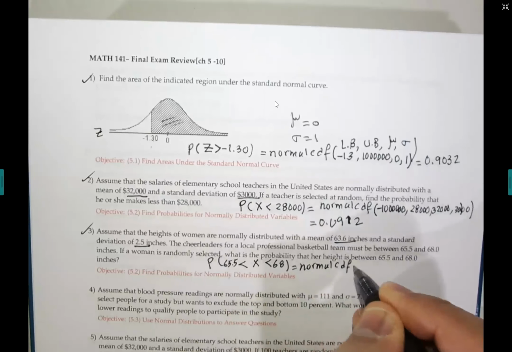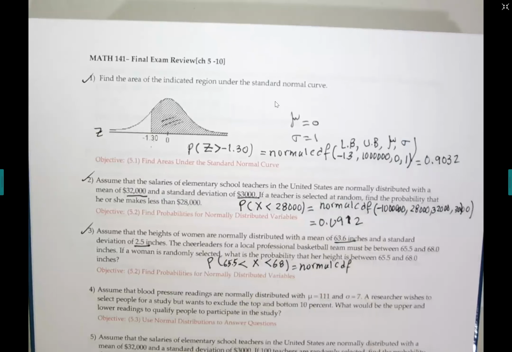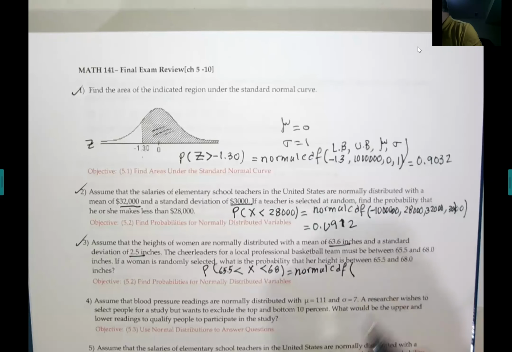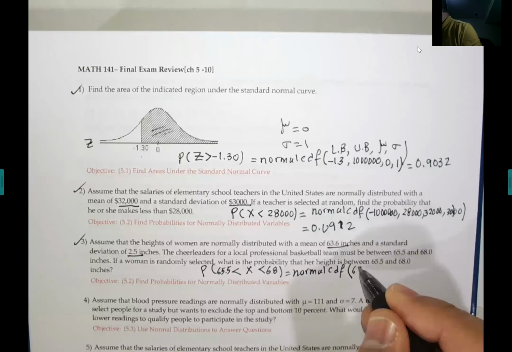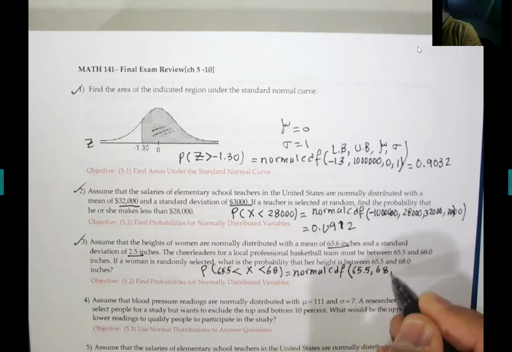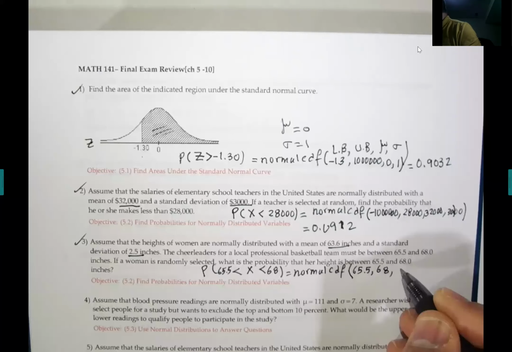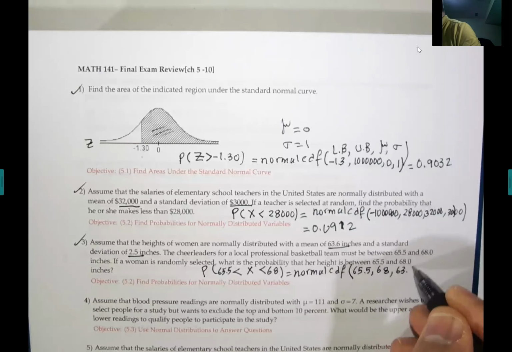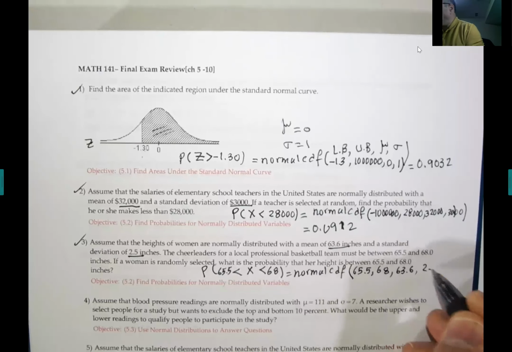Okay, what I'm going to do now, guys, I'm going to pause. Normal CDF, 65.5, 68 is the upper bound. Mean is 63.6. Be very careful, check your entries before you press enter, just in case.